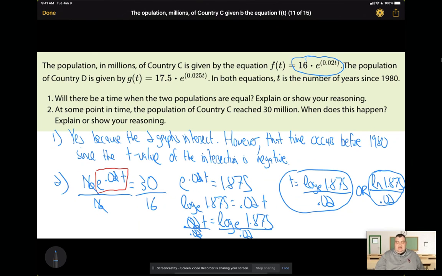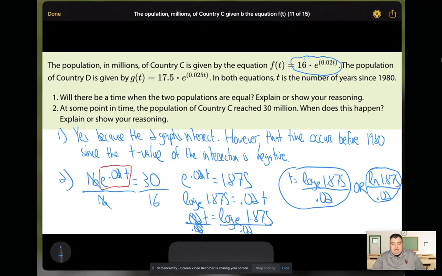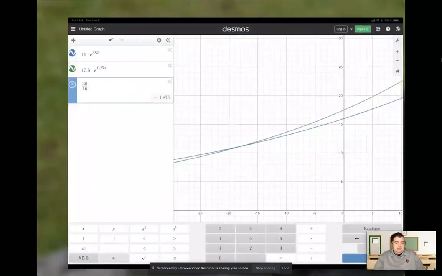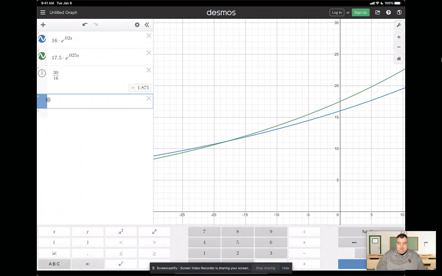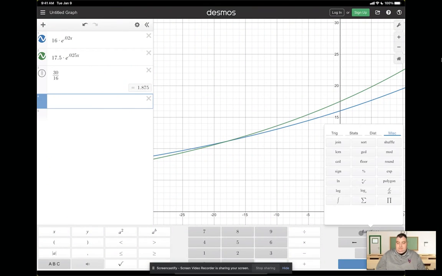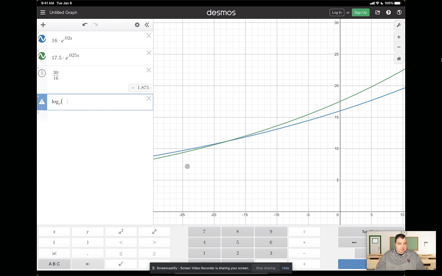If I were to actually go ahead and find, to give us an idea of how much that is, if we go on Desmos, okay, again, if I go to functions, miscellaneous, notice this is the log function we've been using. So I could do log base e of 1.875 divided by 0.02.